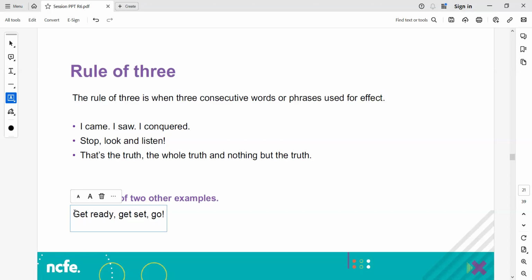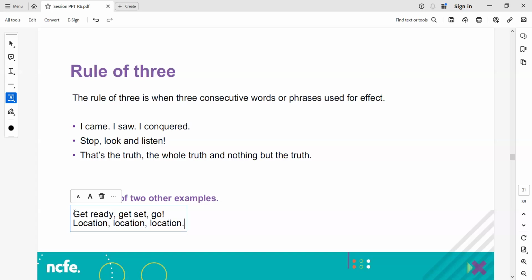Any other examples? "Location, location, location." So it does apply the rule of three there, the repetition, the rhythm, but it's also repetition of the same word. So it's two things there.